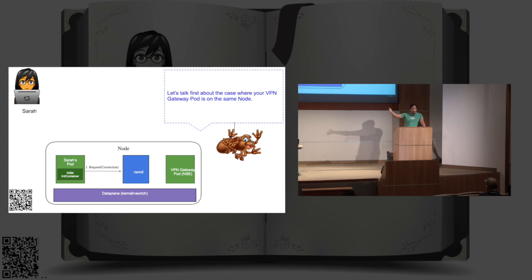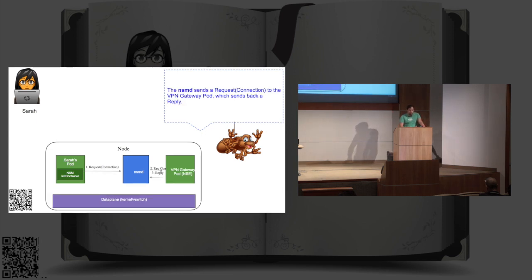So let's talk about the first scenario, where your VPN gateway pod is on the same node. This request gets sent to the VPN gateway pod, which then responds. It replies saying, yes, I can take this connection, or no, I can't. Let's assume that the connection was successful. Then an interface is created and injected into your data plane and connects your VPN gateway pod.